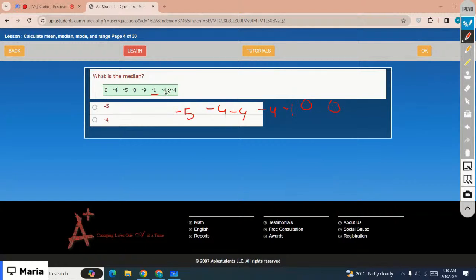You have 1, 2 zeros, -1, 2, -4, -5, and -9. Now the data is arranged from least to greatest, right?